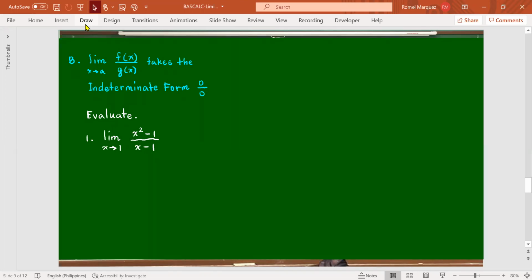But if the limit of the denominator is 0, you cannot apply direct substitution rule, and you cannot split immediately this into a quotient of limits. Is that clear, guys?